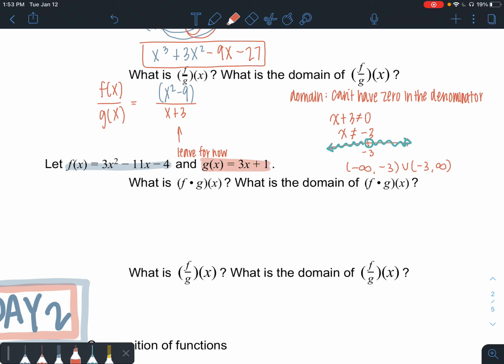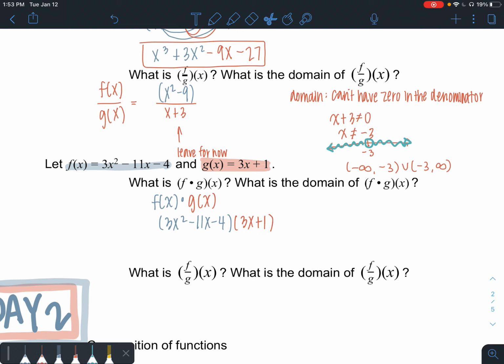Okay, so we want to do f of x times g of x. So we're going to take 3x squared minus 11x minus 4 times 3x plus 1. We want to multiply through.